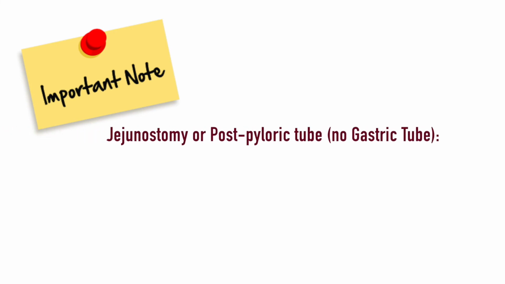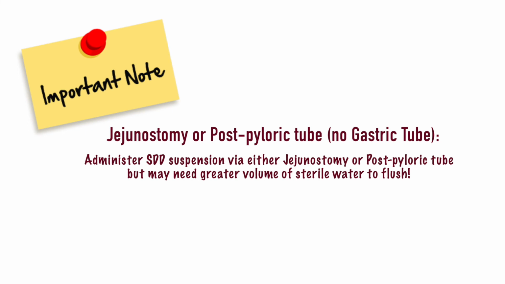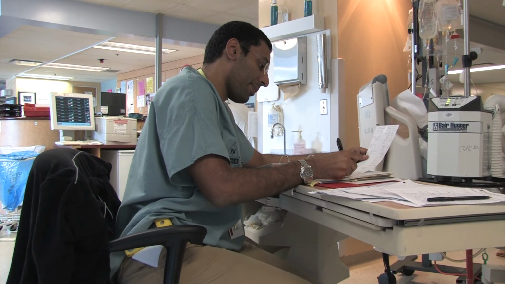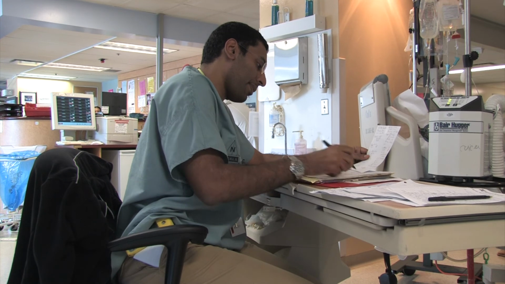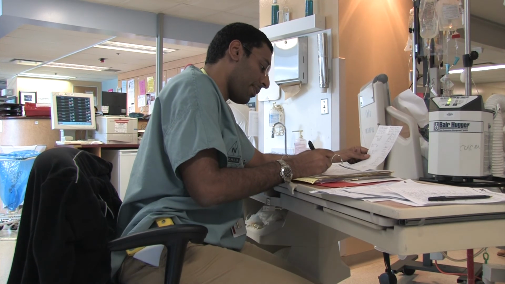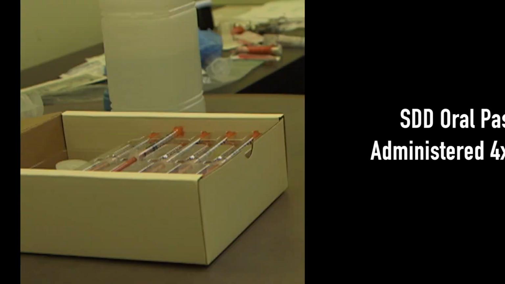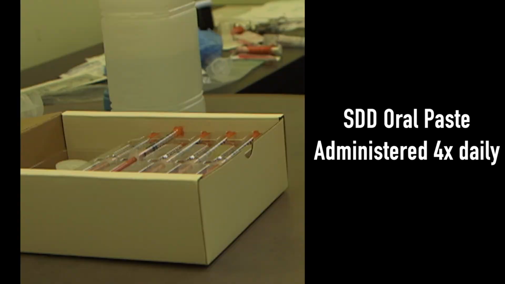If your patient has a jejunostomy or post-pyloric tube without a gastric tube, administer the SDD suspension as for a gastric tube, but consider a larger volume of sterile water to ensure the tube is adequately flushed. When you have completed administering the SDD suspension, document according to your unit's policy in the medication chart that you have administered the dose.